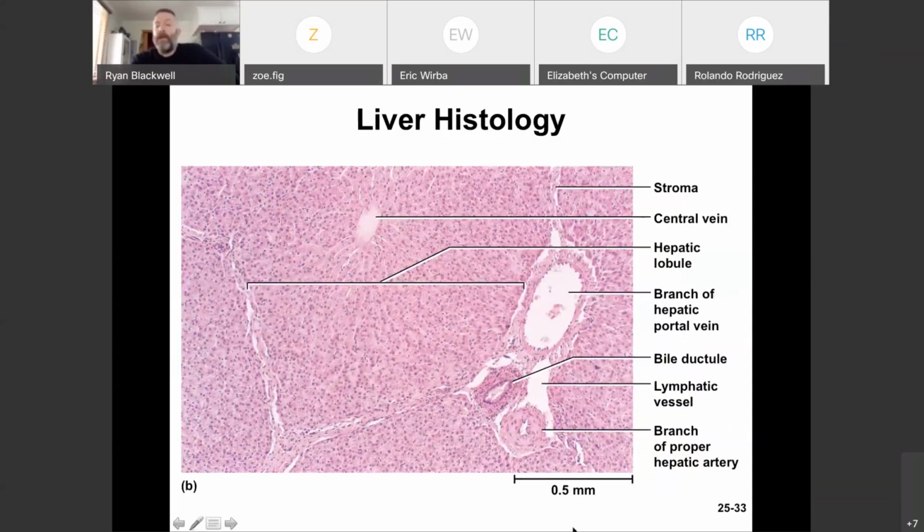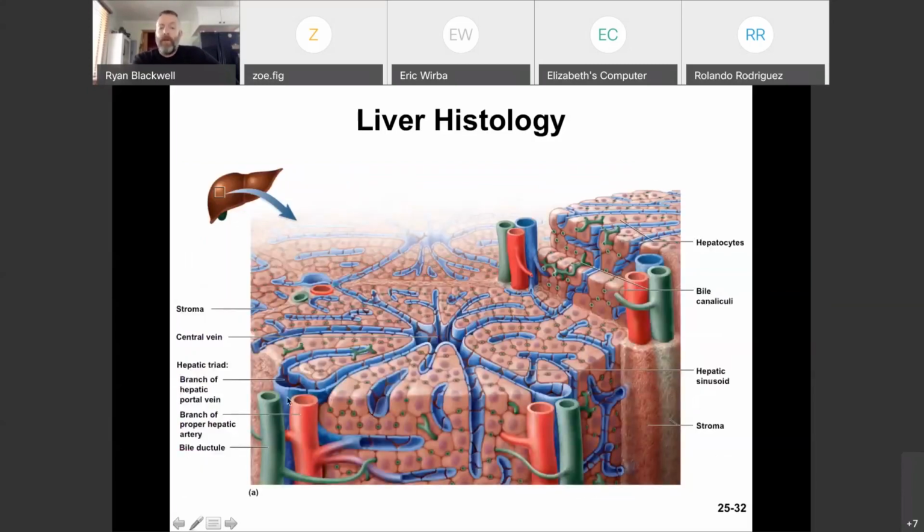As this blood enters the liver via the hepatic portal vein, that branches, and that blood then flows through these little channels from the outside of the lobule into the center, emptying into the central vein. These channels that run from the corners of the lobule to the center are called sinusoids. Sinusoids are these specialized capillaries that carry blood from both the hepatic portal vein branch and the hepatic artery.